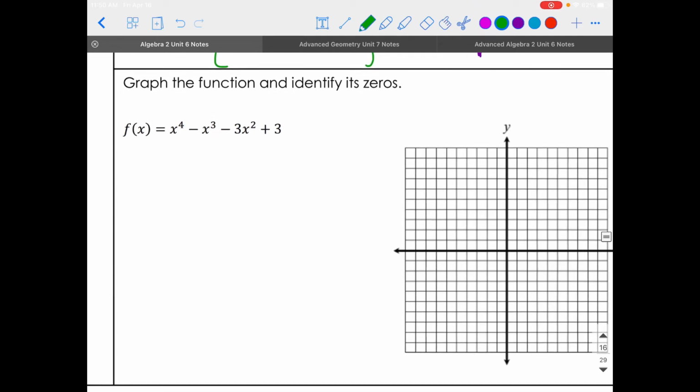Let's try another one. Go to y equals. Type in your function, x to the 4th minus x cubed minus 3x squared plus 3. Remember, during these videos, you need to be following along.